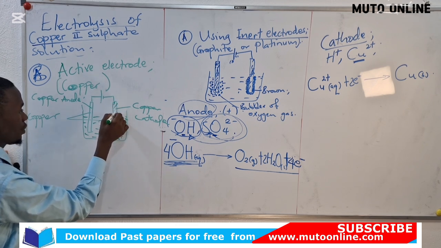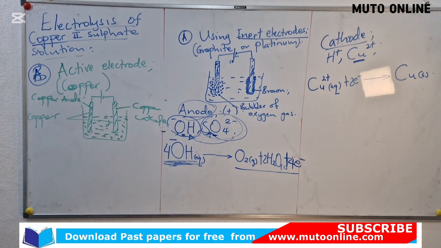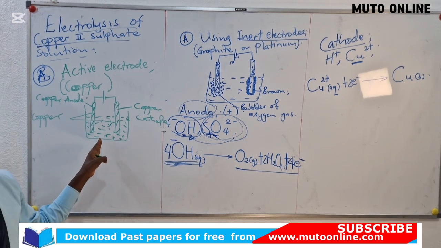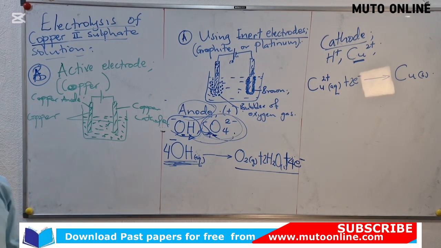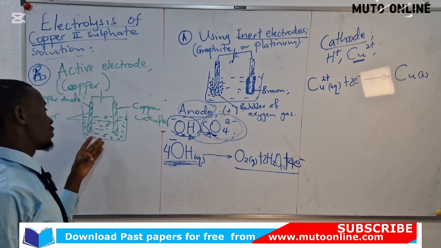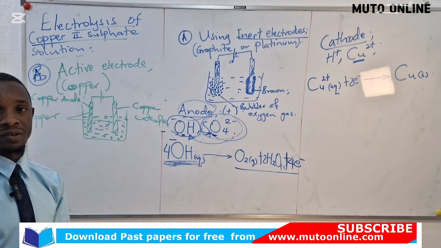This kind of electrolysis where we use active electrodes is commonly used in purification of copper during extraction and during electroplating, especially when we want to coat any metal with a copper filling, for example, the jewel.